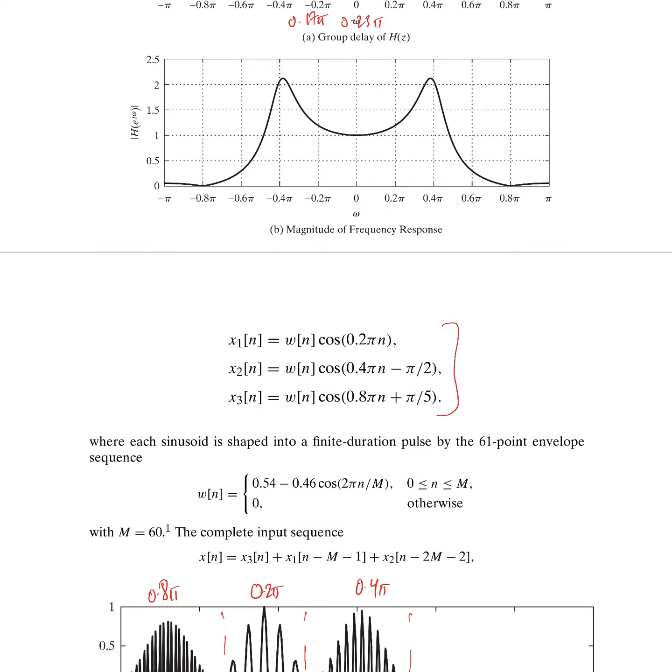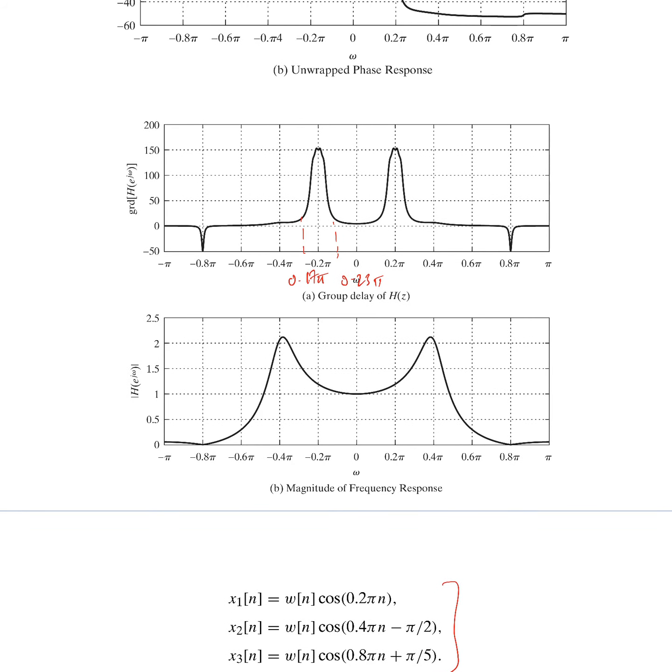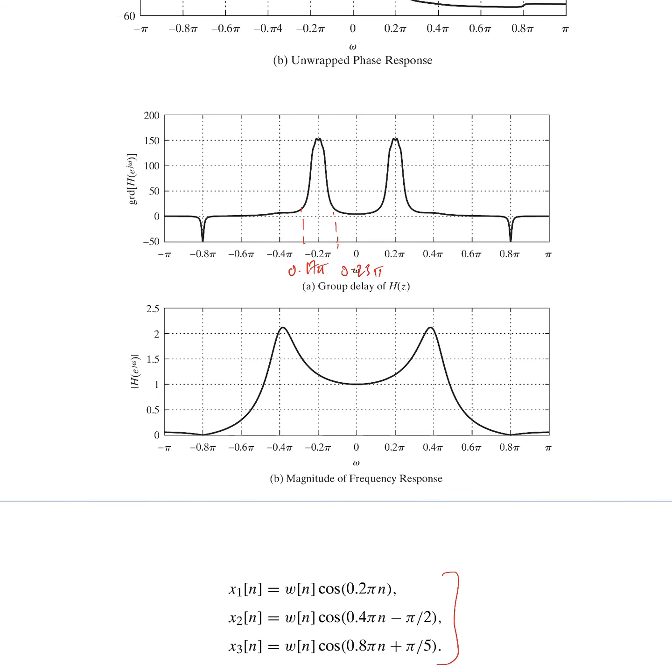So come back to the filter frequency response magnitude first. The frequency group centered and concentrated around omega 1, let's say 0.2 pi, is somewhere at this value.